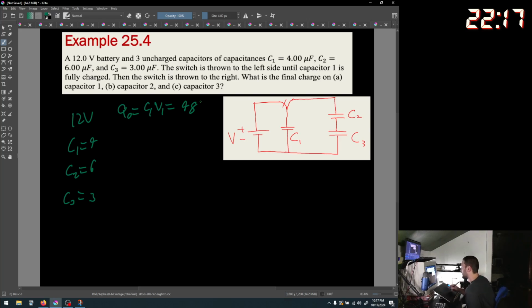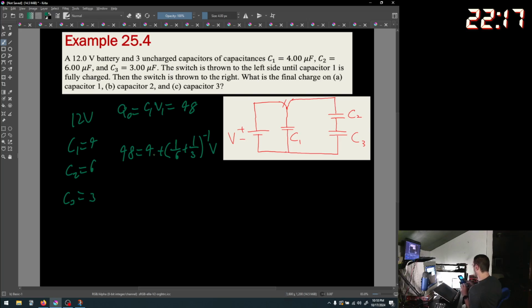Now the switch is flipped to the other side. So now what we have is 48 equals C1, which is in parallel with C2 and C3. C2 plus C3, V. And of course, if I wrote C1, I can probably get away with doing that.